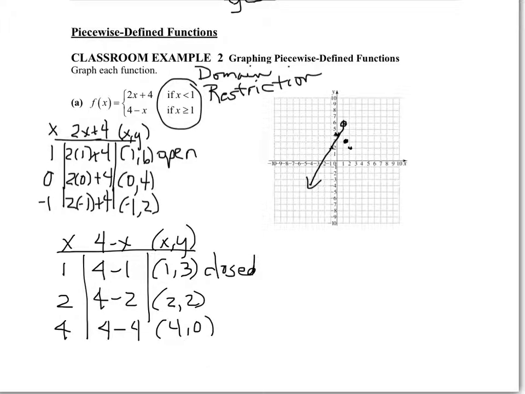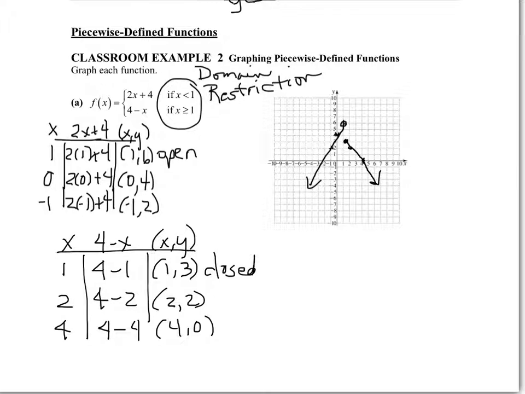Now, you may have selected other values. As long as they fit within the domain restriction, that's perfectly okay. Our graph should still end up looking the same. So when we connect these points, this should be an idea of what your graph will look like.